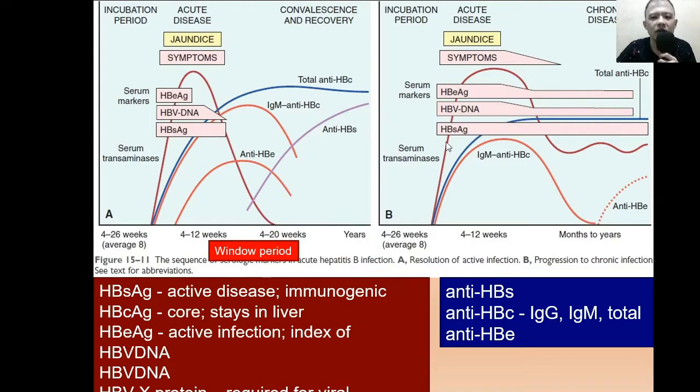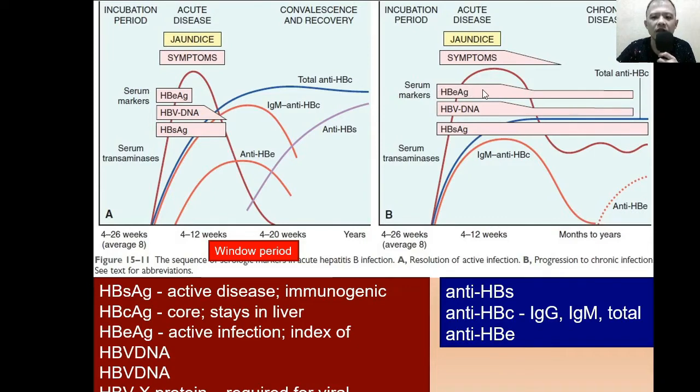At the right side, you also see this is a chronic phase. You can identify that it's chronic because there is persistence of the HBs. You also have the persistence of the HBe that denotes infectivity.